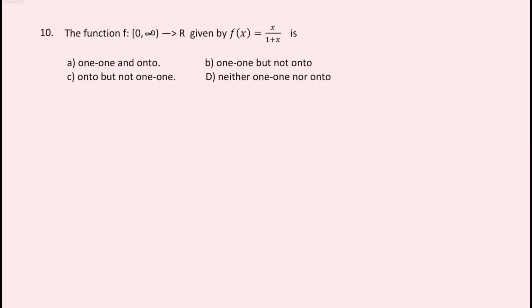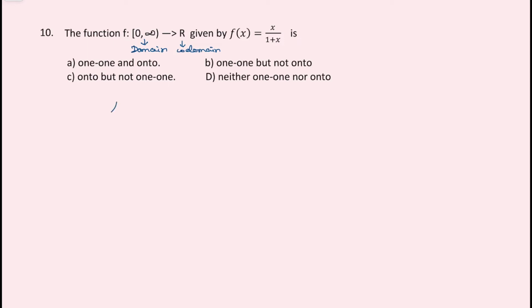Question 10. The function f is defined from 0 to infinity to R. So the first set is the domain of the function. The second set is the real number set, which is the codomain. F of x is given as x upon 1 plus x. So we have to check whether it is one-one and onto or not.